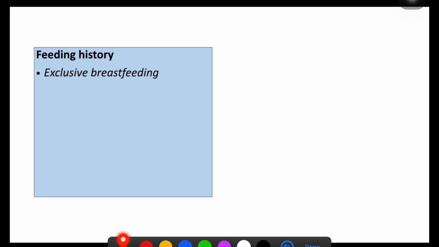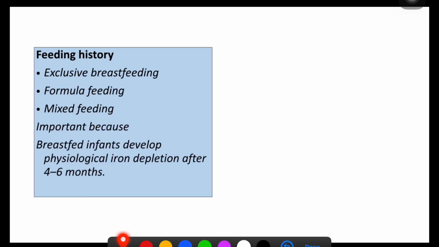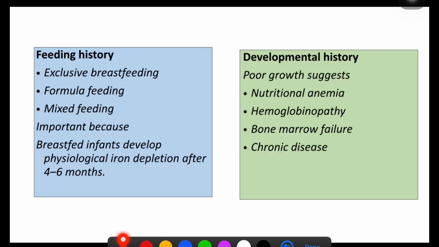Feeding history is also important, whether the child is on exclusive breastfeeding, formula feeding, or mixed feeding, because breastfed infants develop physiological iron depletion after 4 to 6 months.